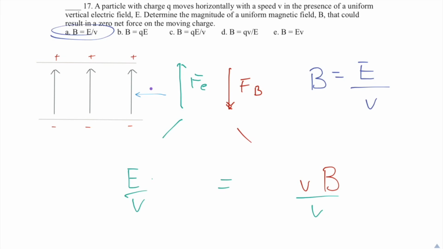And so the magnetic field can be created to cause a second force to oppose that electric field force. And in order to do that, they have to be equal and opposite. So that's where we would set them equal to one another. And in setting them equal to one another, we can isolate the magnetic field, and that's how we would solve for the solution in this case.